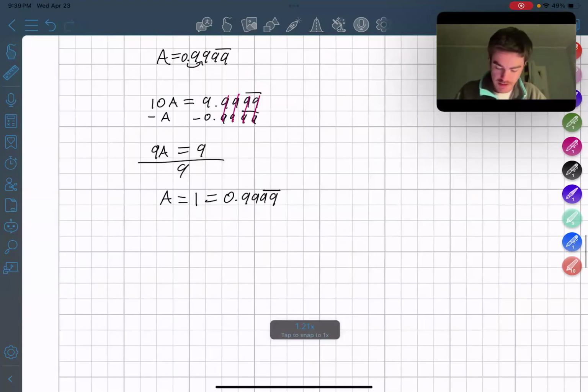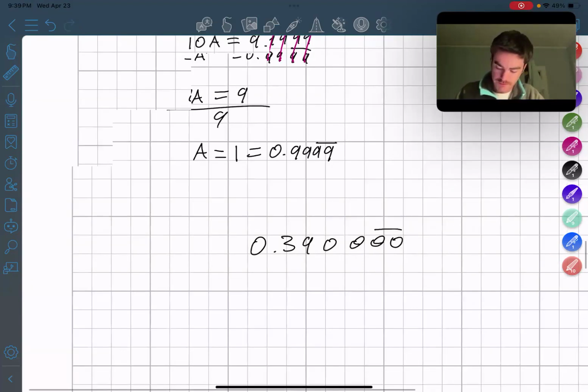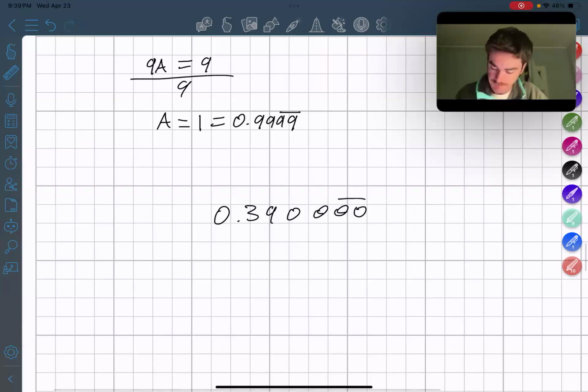But what about nines? Why do we subtract from nines? So for a similar reason, if I have a number like 0.3900000 repeating. Okay. So I know that I'm doing my diagonalization, and all of a sudden I get this 9.